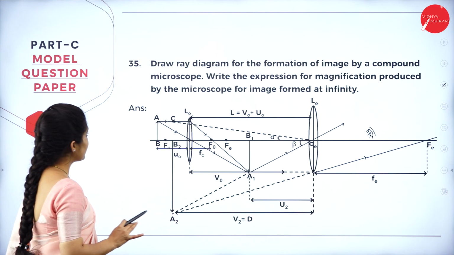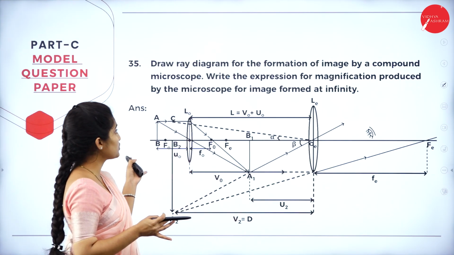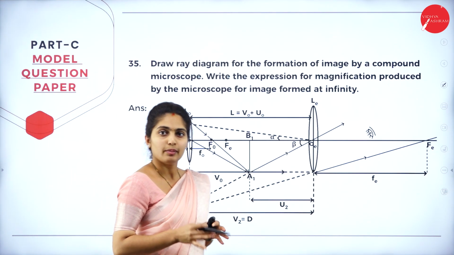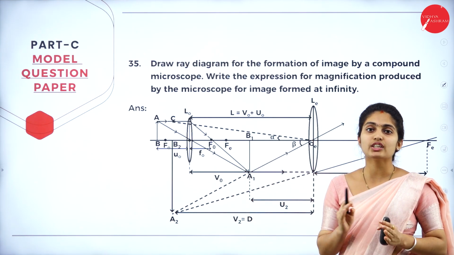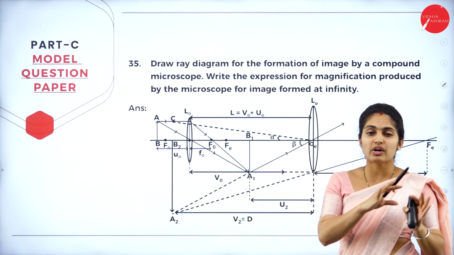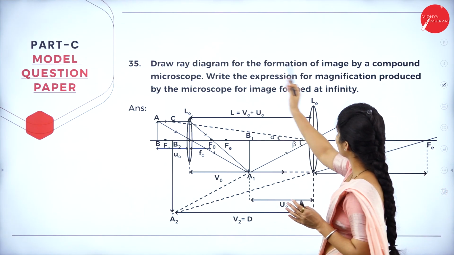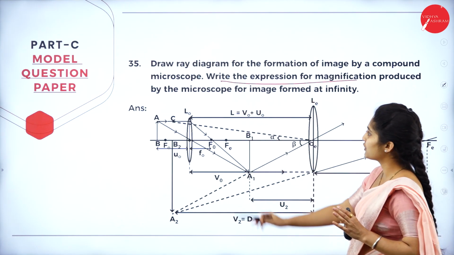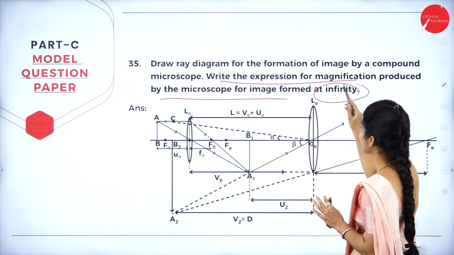Next, we are going to draw the ray diagram for the formation of image in a compound microscope, and write the expression for the magnification produced by the microscope. While writing the answers, please read the questions properly, because in one single question you will have 2 split questions also. Simply don't draw the ray diagram and keep it. You will have to even write the expression for the magnification produced by the microscope for the image formed at infinity.